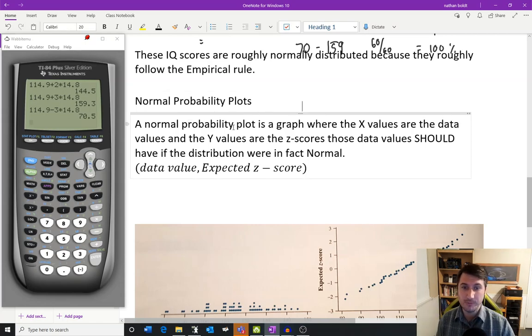A normal probability plot is a graph where the x values are the data values, and the y values, this is the confusing part, are the z-scores those data values should have if the distribution were in fact normal. So your x value will be a data value, and your y value is what that z-score would be or should be if this is in fact a normal distribution.